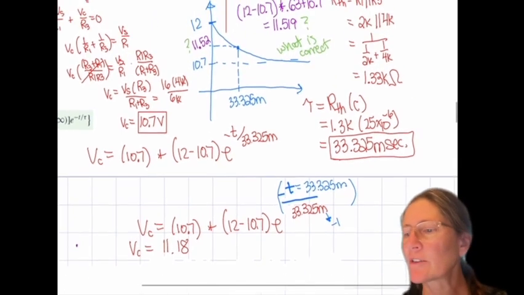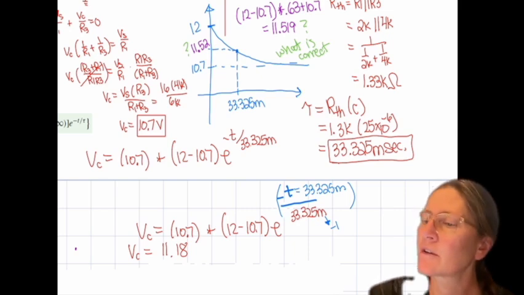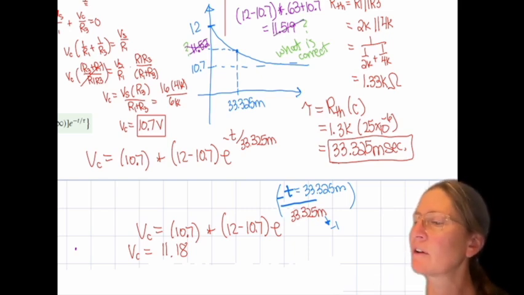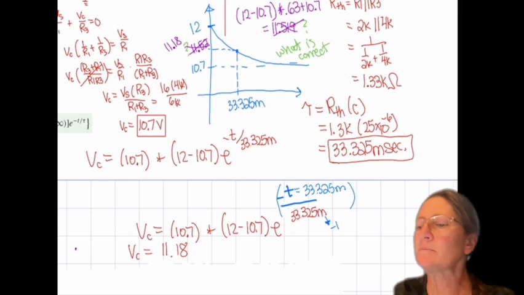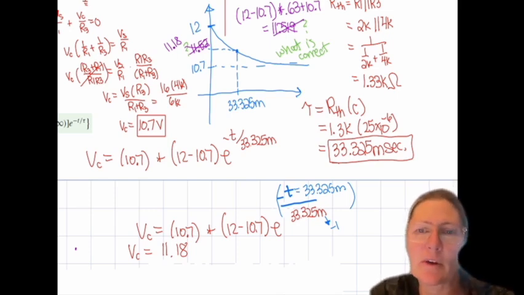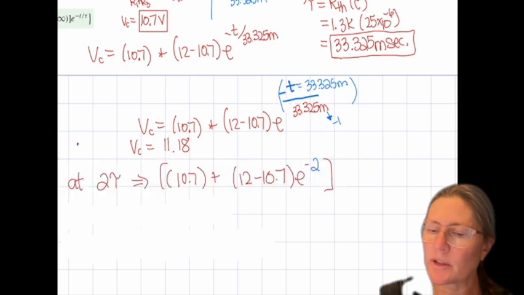And so yes, that is getting closer, but it's not there. I'll cross these off. So it's 11.18 or 11.2, and so it is pretty close but not quite 10.7. And then we can do them at the different time frames.